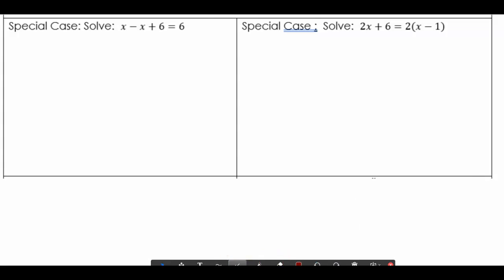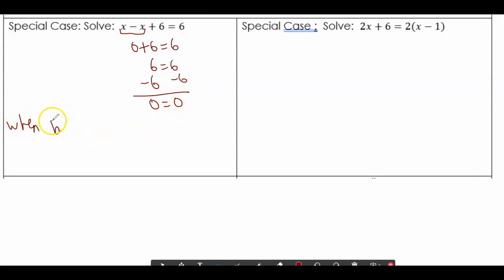So we're going to take a second to apply these. If I look here, x minus x becomes 0, plus 6 equals 6. 6 equals 6, so I see right then that it's a true statement. I can also subtract 6 from both sides and I get 0 equals 0.